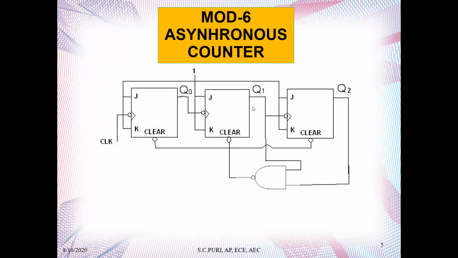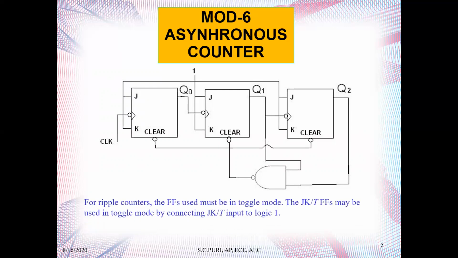As it is a ripple counter, 1, 1, 0, like this it goes. So these two 1s, that means this and this are taken to the NAND gate and put to clear. Whenever that state comes, when there is 1, 1, 0, it will clear everything to 0. And this way the counter operation occurs.